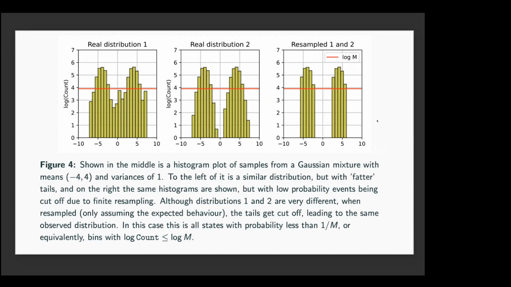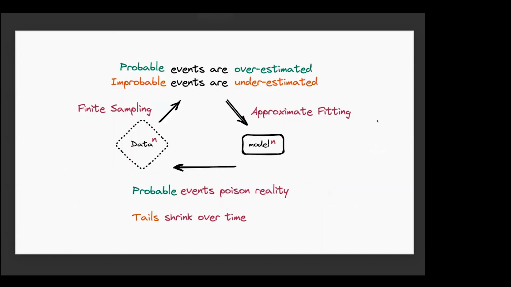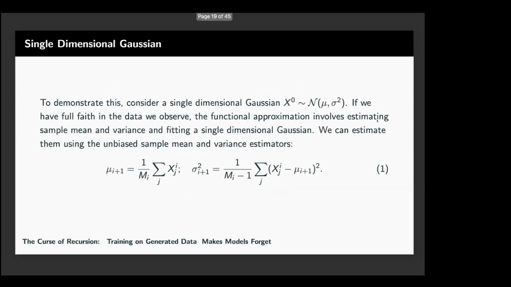And it will try to put the most simple model that it can. And effectively, this becomes a self-consuming loop where finite sampling leads to probable events being overestimated and improbable events being underestimated. And we're only able to approximately fit. And so these probable events overaccumulate, and your model starts becoming less and less varied in what it is able to produce.